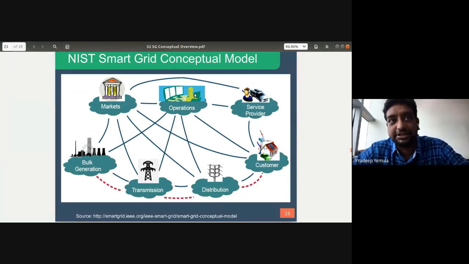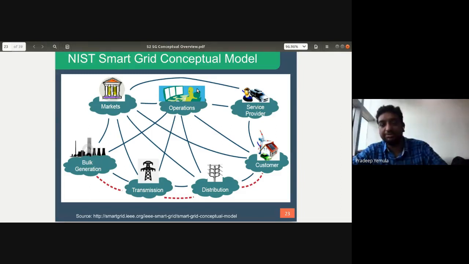What is the role of operations? Operations is like a power system control center where, as we earlier discussed with the three layers, all the information is collected, and the operations people will be continuously monitoring the grid: where there is overloading, where there is a voltage problem, where there is an unbalance problem, and so on.